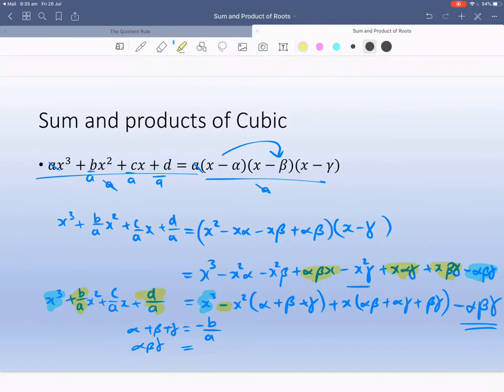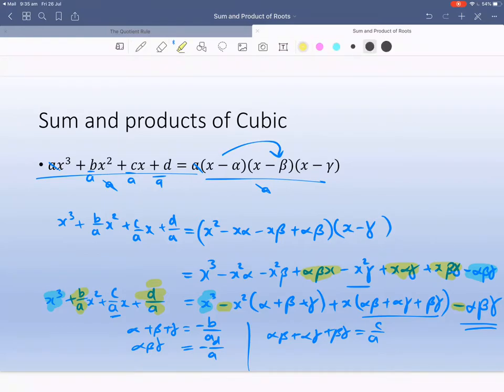So it equals this, and I'm going to move this negative to this side here. So it's going to be minus d over a. And finally, we've got an extra one that we didn't have in the last one, which was a quadratic, which is that the sum of these products is going to equal C over A. So alpha beta plus alpha gamma plus beta gamma equals C over A.